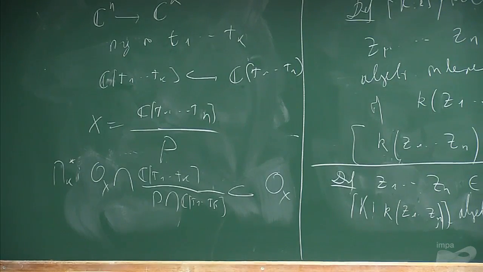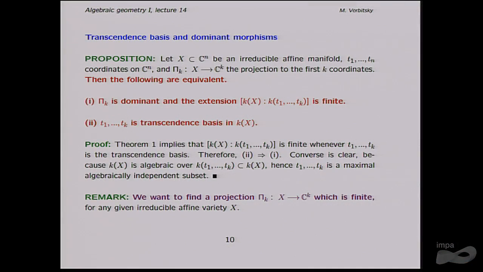This is how I explained how projection works. So this is more or less a tautology, so there's nothing to prove. It's a definition of projection in that setup, in that category.